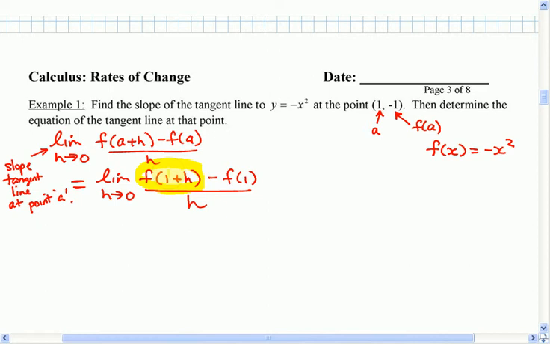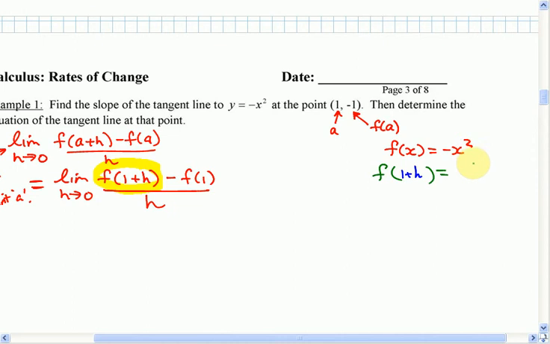This is that function notation stuff that we did before in grade, I think, 10. Notice f of x is equal to negative x squared. So if I said f of 1 plus h, what do you think that's going to be equal to? Wherever you see x, what do you replace it with? 1 plus h. That's that function notation stuff. Do you see that?